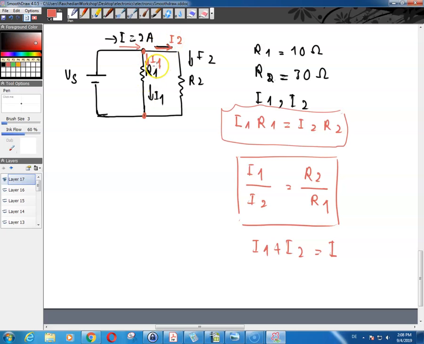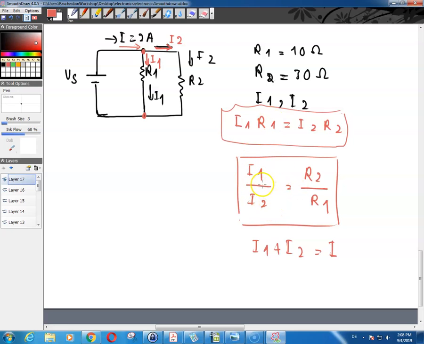If you add these two branches together, you get this current over here. The problem is that I1 is unknown and I2 is unknown, while R1 and R2 I already have, so again I get two unknowns.